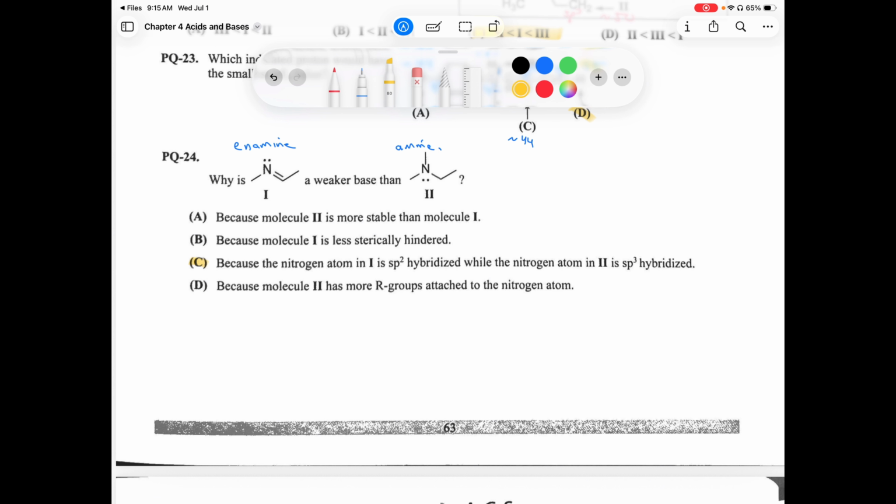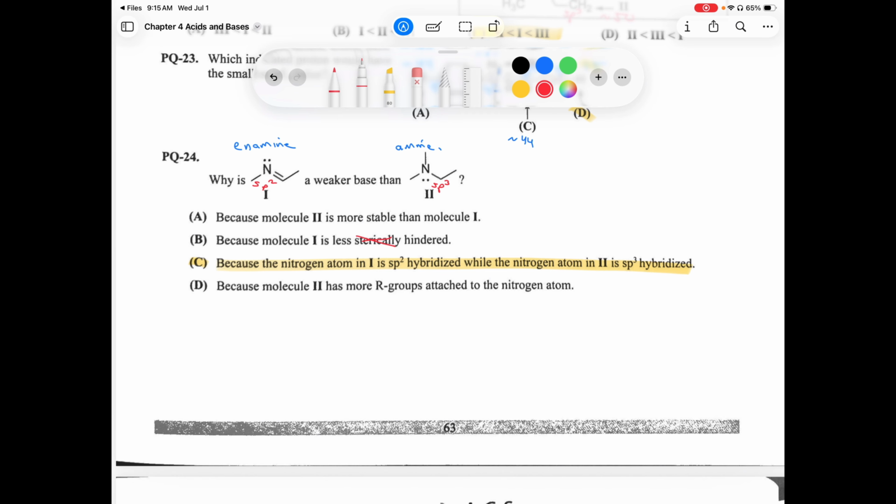Well, that's true. You can look at the hybridization here and say this is sp2, this is sp3, and since sp2 is smaller than sp3, the lone pair is going to be closer to the nucleus, and therefore it's going to be a weaker base. It certainly doesn't have anything to do with steric hindrance.